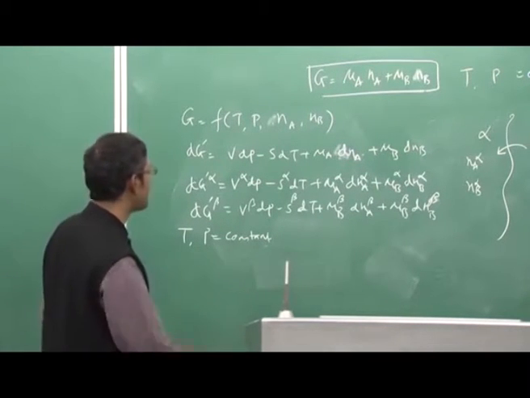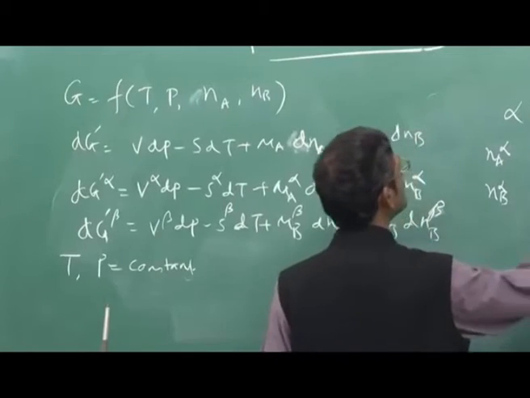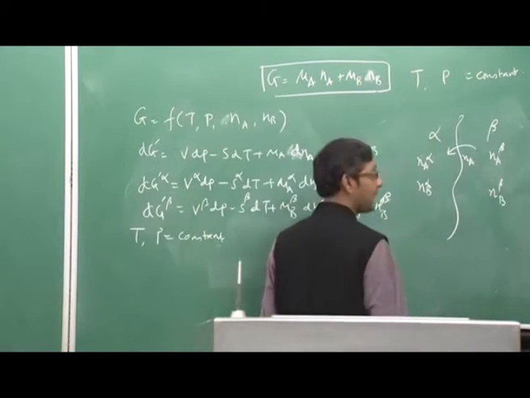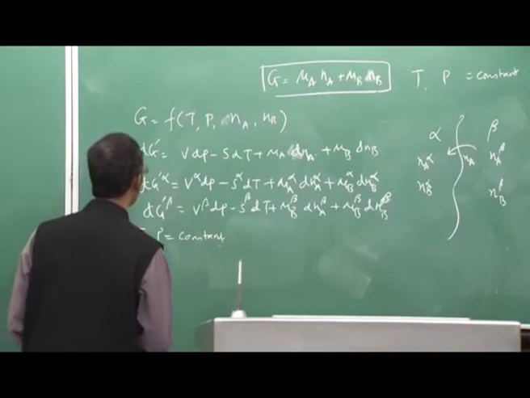So let us now do this calculation. Suppose there is a transport of dNA moles of A from beta to alpha, what will be the change of free energy?